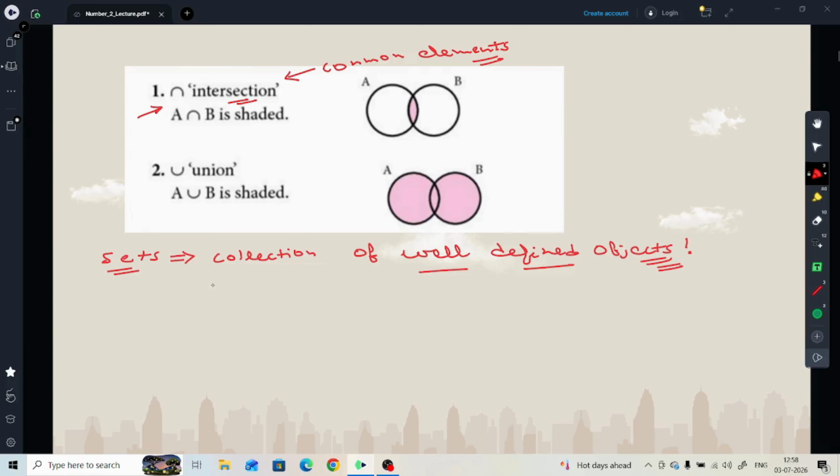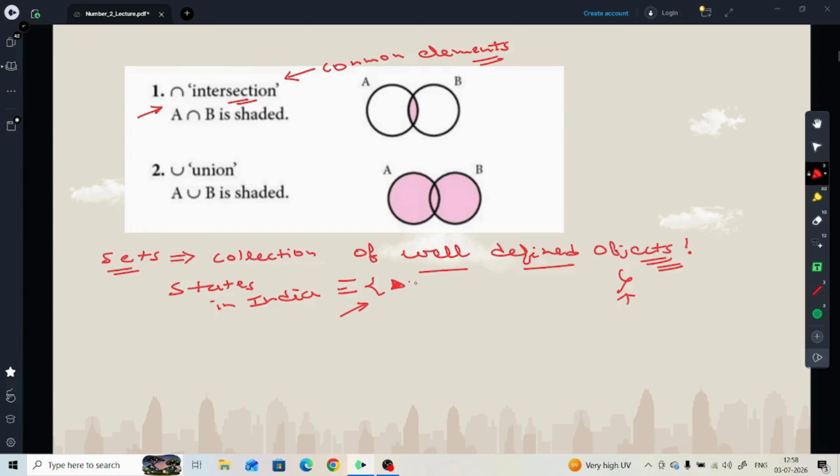Just like if I ask how many states are there in India, we can write those 28 states in the set. When writing it down, we write it within braces every time. We can start from Delhi, not Delhi actually, Delhi is a union territory.